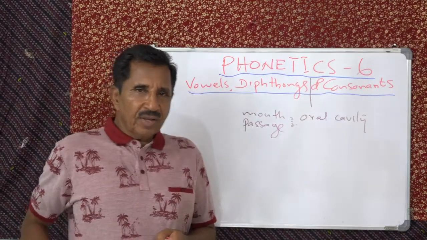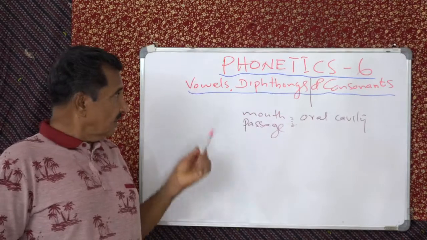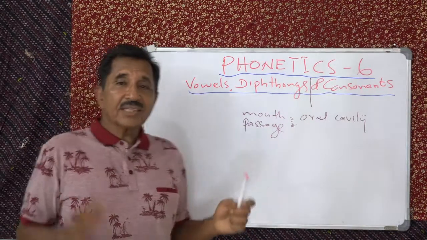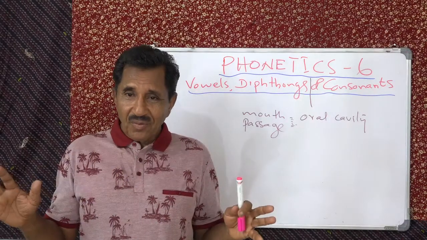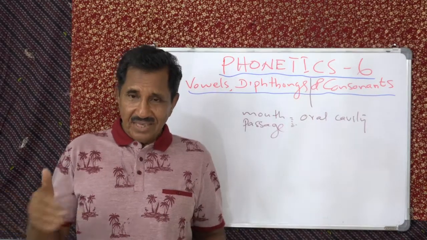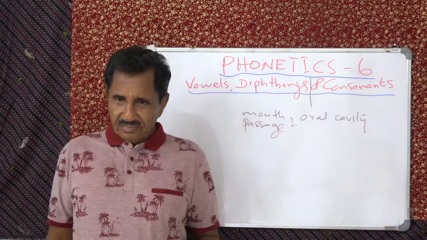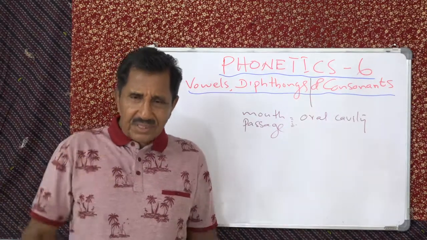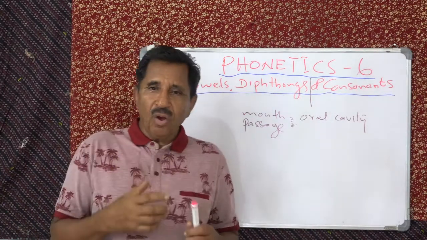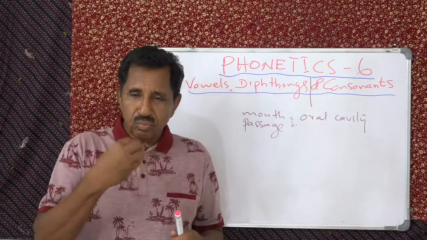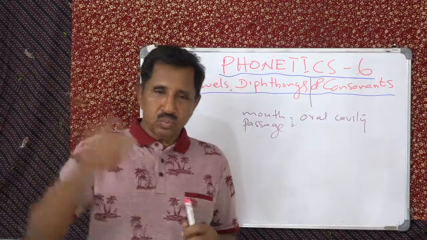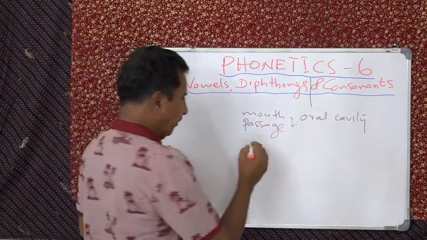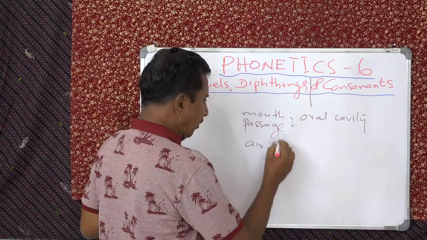Alright. So when I produce sounds, vowels and diphthongs, see once again. E, no obstruction. Nothing prevents you. There is no obstacle. This is the flow of air. That is called airflow.